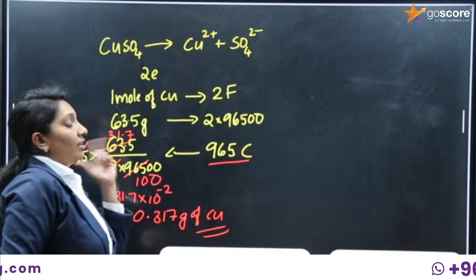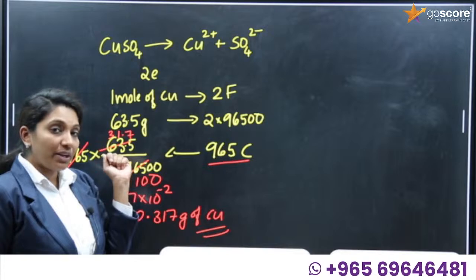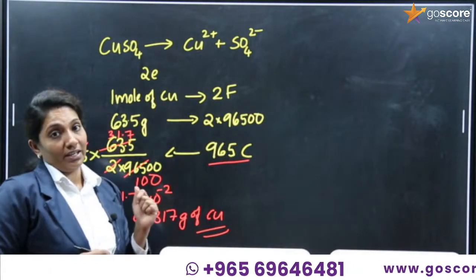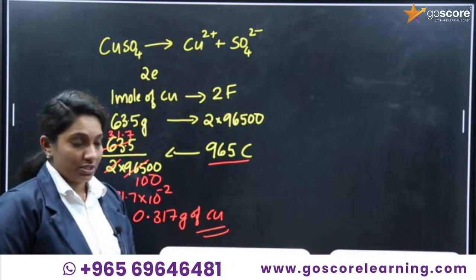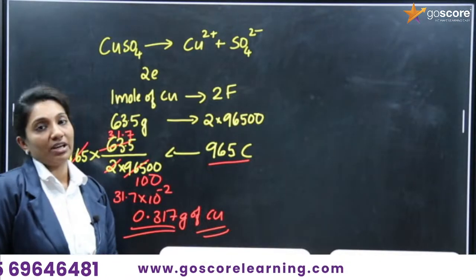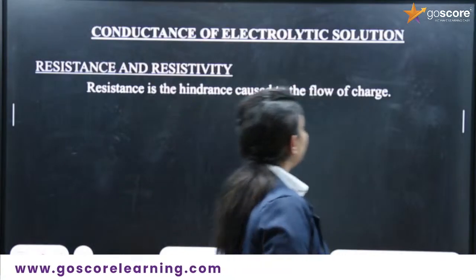So based on that, from the 2 Faraday, you are getting this much, 63.5, that's the equivalent weight. Then if you are using only this much current, how much copper will be deposited? That's what we got as the value, 0.317 gram. Okay, so I hope it is clear for you.